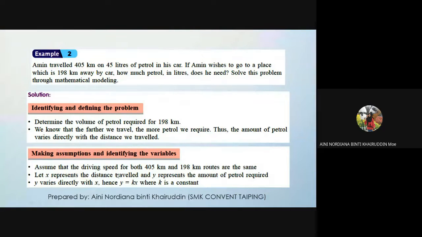Maksudnya lagi laju kereta you bawa, lagi banyak petrol diperlukan. So let X, ini variable lah, represent the distance travelled and Y represent the amount of petrol required. So Y varies directly with X. Ini you dah belajar dah. Hence Y equals KX, where K is a constant.